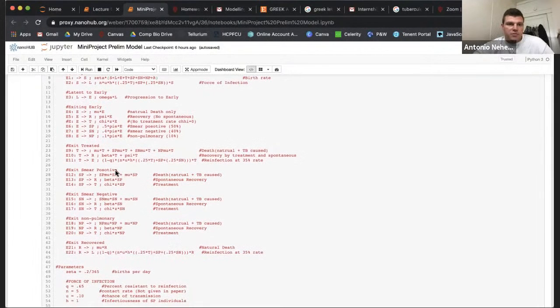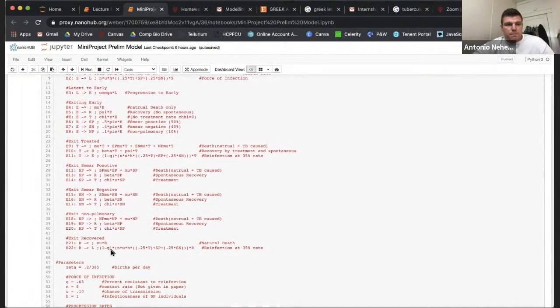The first one being smear positive, the second one being smear negative, which has a quarter of the infectivity of the smear positive, and then the non-pulmonary, which isn't infective at all. And then obviously these can all go to recovered through spontaneous recovery, or they can be identified and treated, and then proceed into the recovered.